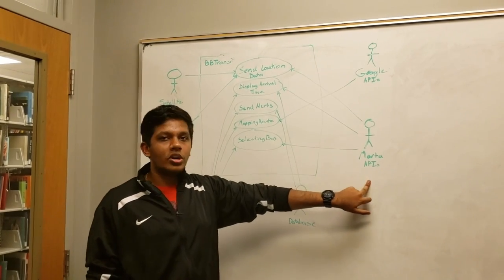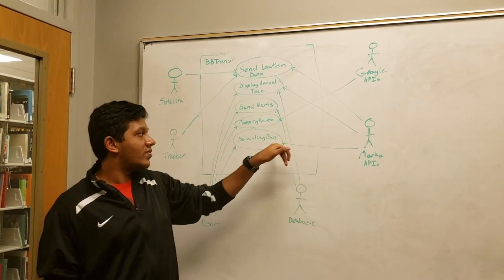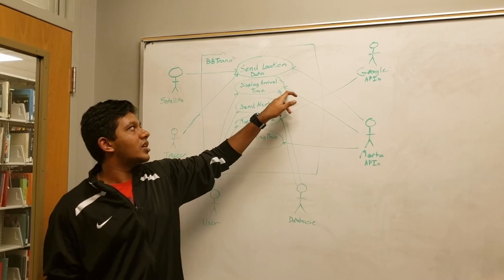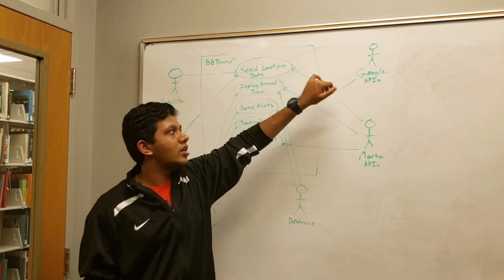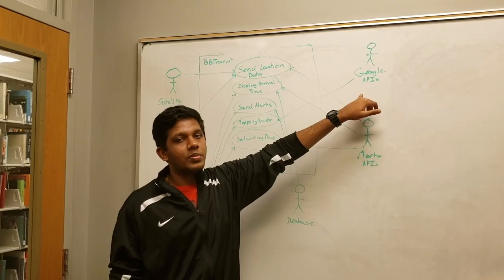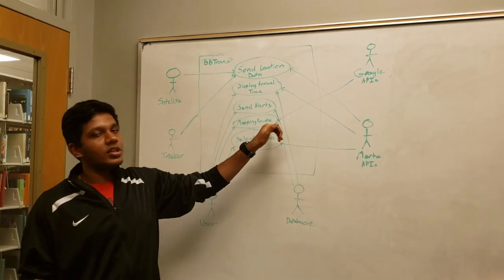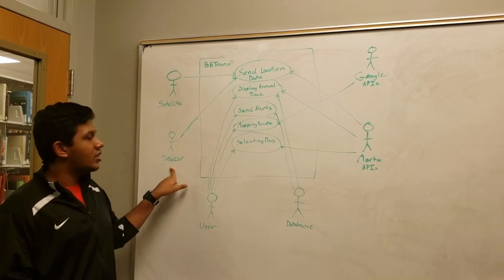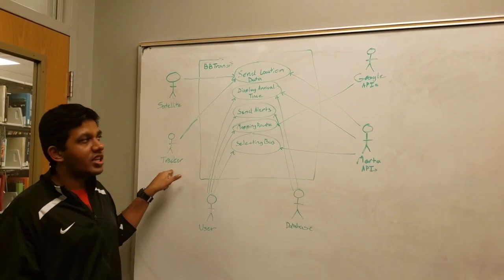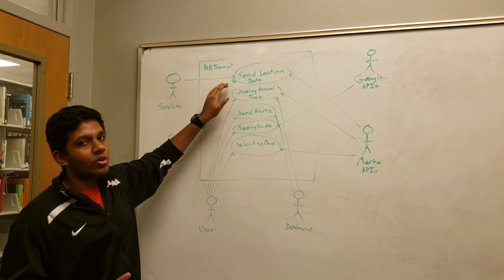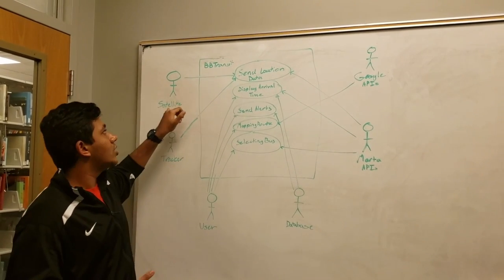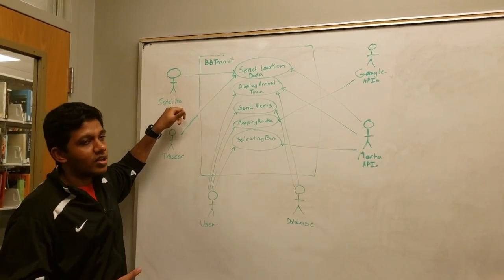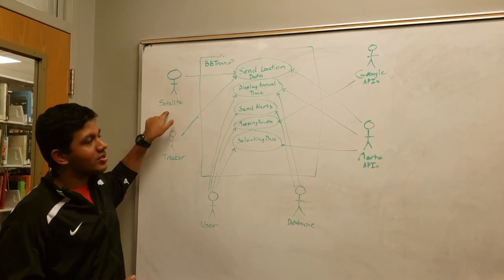Our third is MARTA API, who is involved in selecting the buses, displaying arrival times, and sending location data. Our fourth is Google API, who calculates route, and our fifth is Tracker, who sends the tracking, the location data to a satellite, to our final but not least actor, satellite.